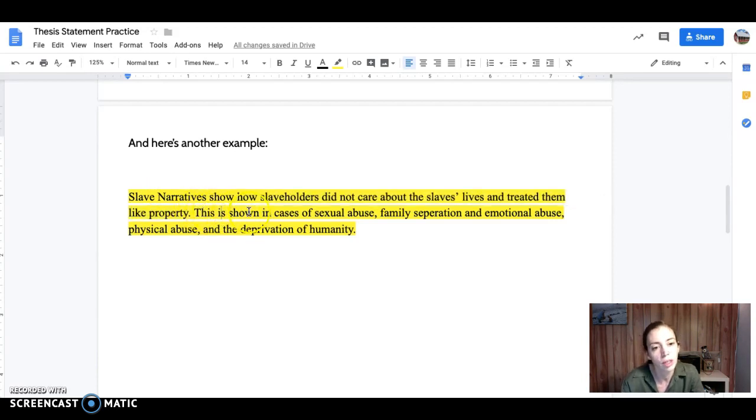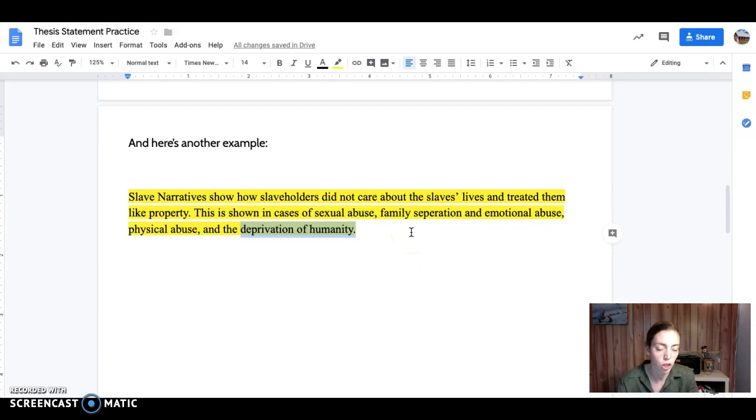And then the student goes on to say, this is shown in cases of sexual abuse. So that would be reason why number one. Family separation and emotional abuse would be reason number two. Physical abuse is reason number three, and deprivation of humanity is reason number four. So this student is setting herself up to write probably a 6-paragraph essay.